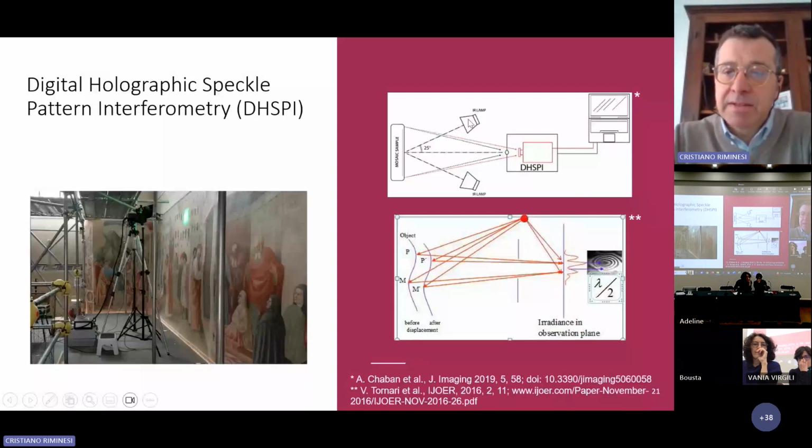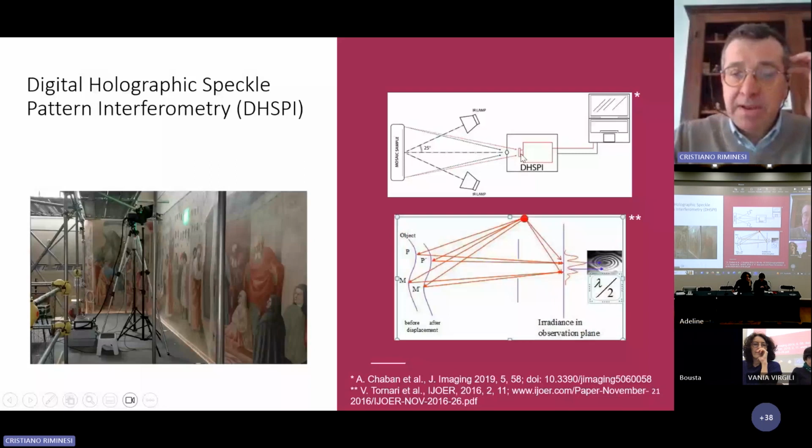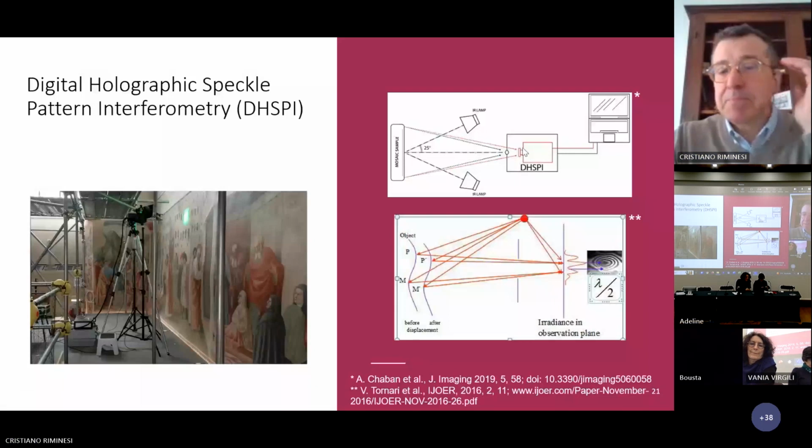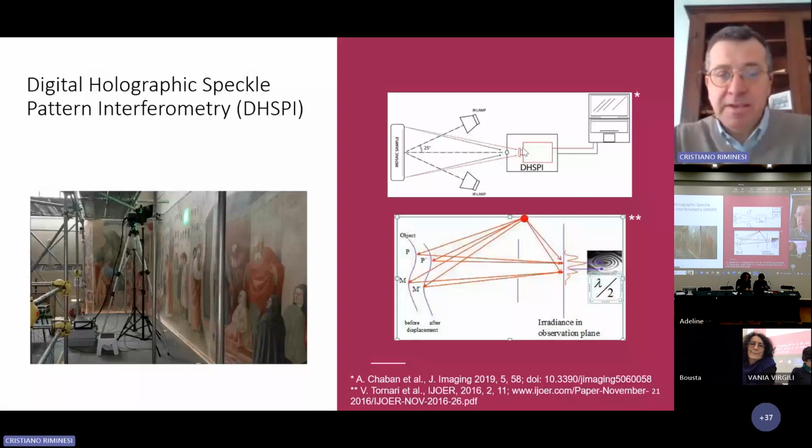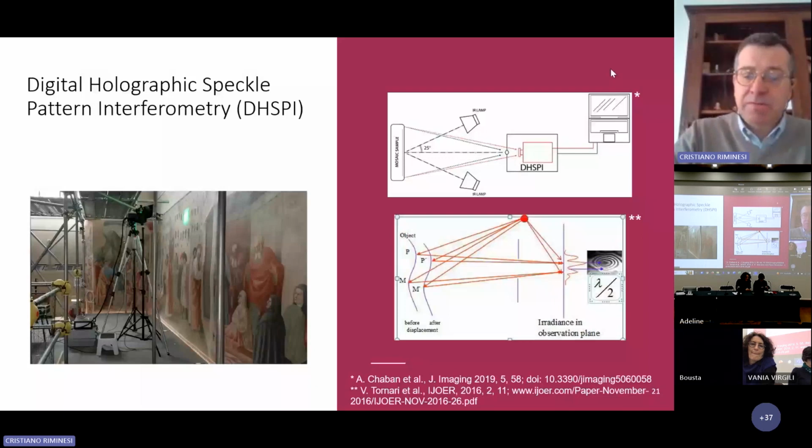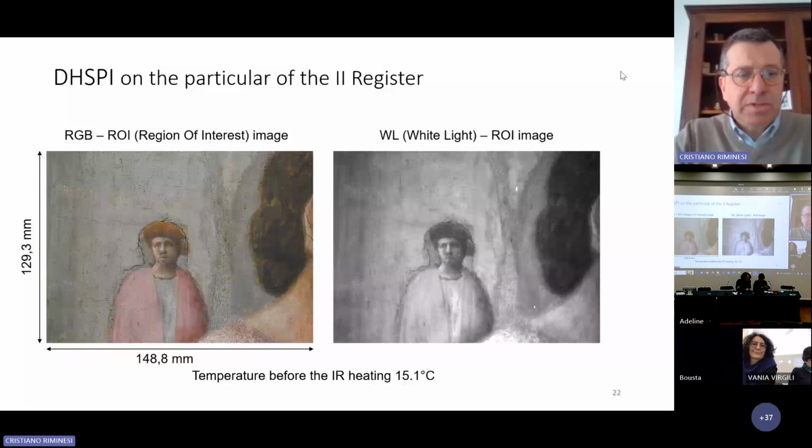And by this camera, we can detect the variation of the laser ray in the position of the reflected laser. Always refer to this little figure.